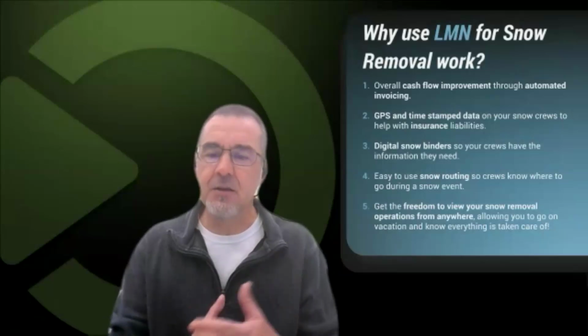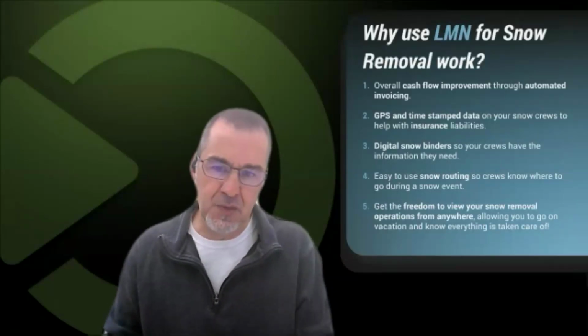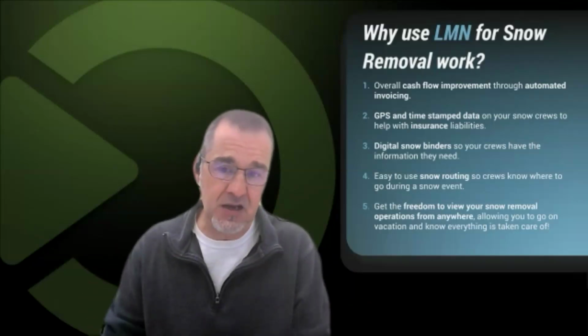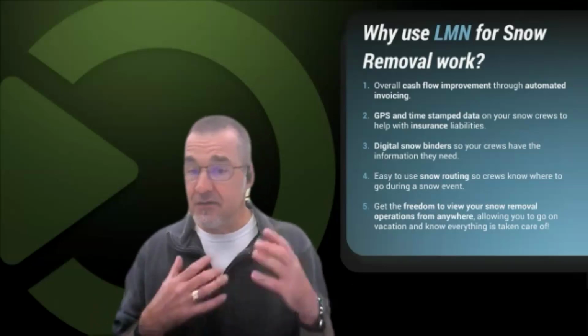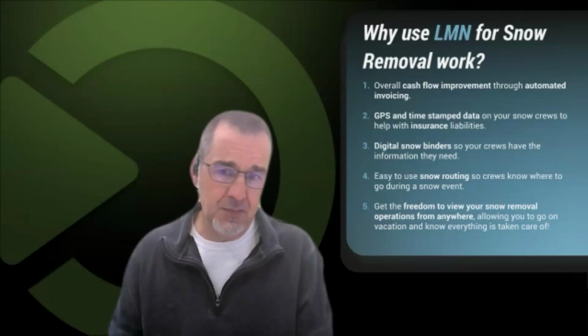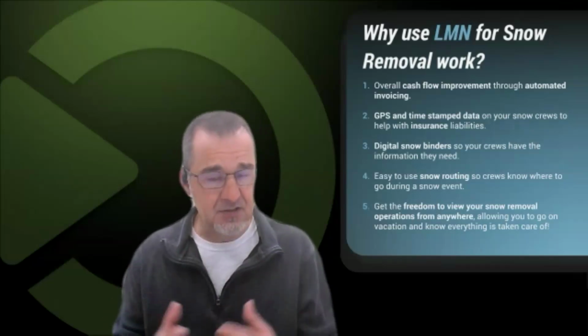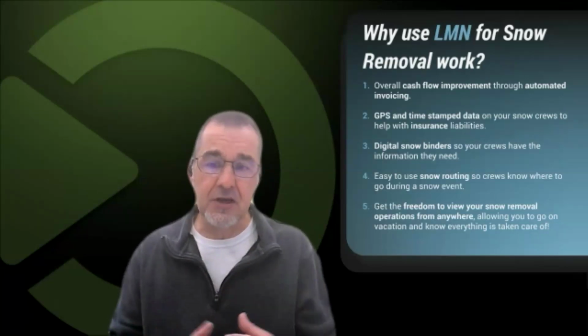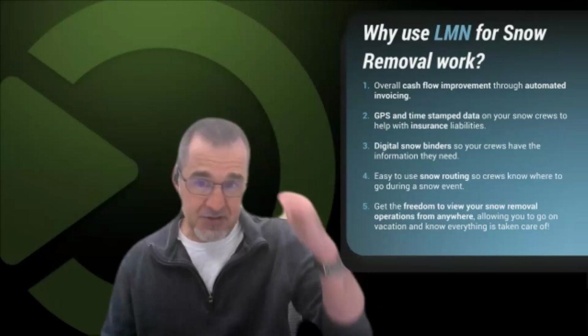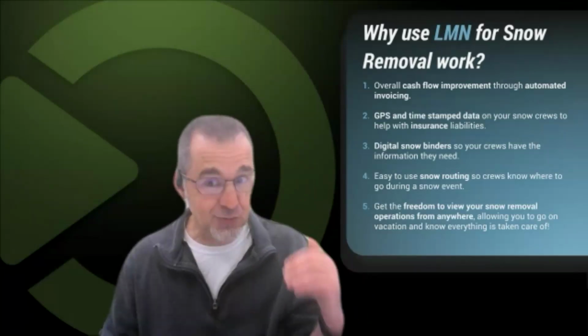Number 1, it's going to make it really easy for your crews to determine where they need to go and what job sites they need to cover or clear in the event of a snowfall. And because of that routed job group, you also have the opportunity to optimize it. What I mean by that is you have the ability to put those jobs into a particular, optimized route, right?